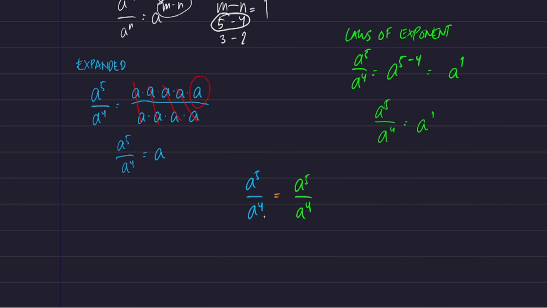Pero dito sa expanded, ang nakuha natin ay simply A, and sa kabila naman ay A raised to 1. Since wala naman tayong nilabag na ibang law sa mathematics, and nag-comply naman tayo sa lahat, tama naman ang process natin, so we can say na A alone is equal to A raised to 1.